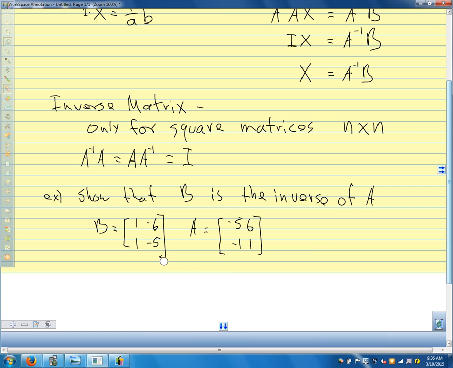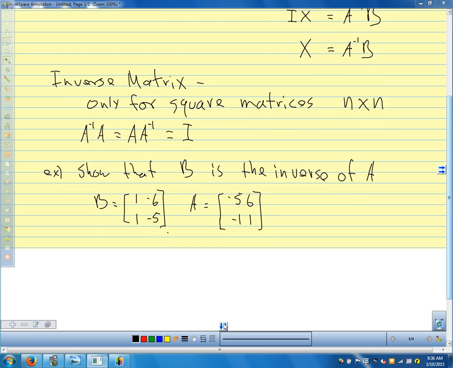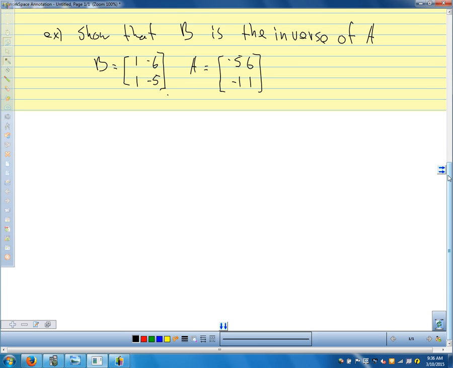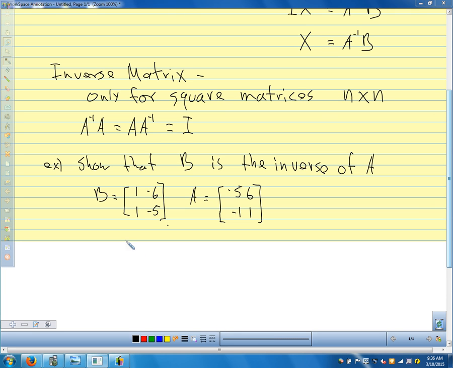To show that these are inverses of each other, what the problem is asking us to do is multiply them together, A times B and B times A, and see if we get the identity matrix. So let's do the multiplication. (1, -6, 1, -5) times (-5, 6, -1, 1). So we're going to multiply this out.